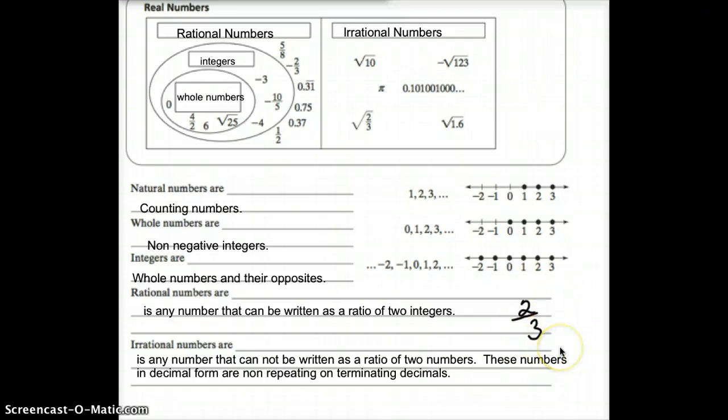That tells you that it's going to either end, or terminate, or repeat at some point. So that's a good clue as to whether it's a rational number or not. Irrational numbers are numbers that cannot be written as a ratio. These numbers in decimal form are non-repeating, and again, they never end.